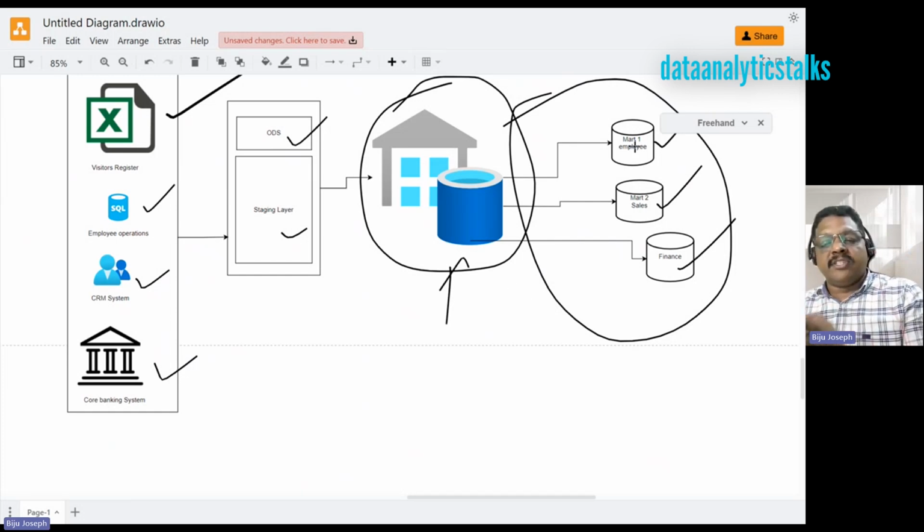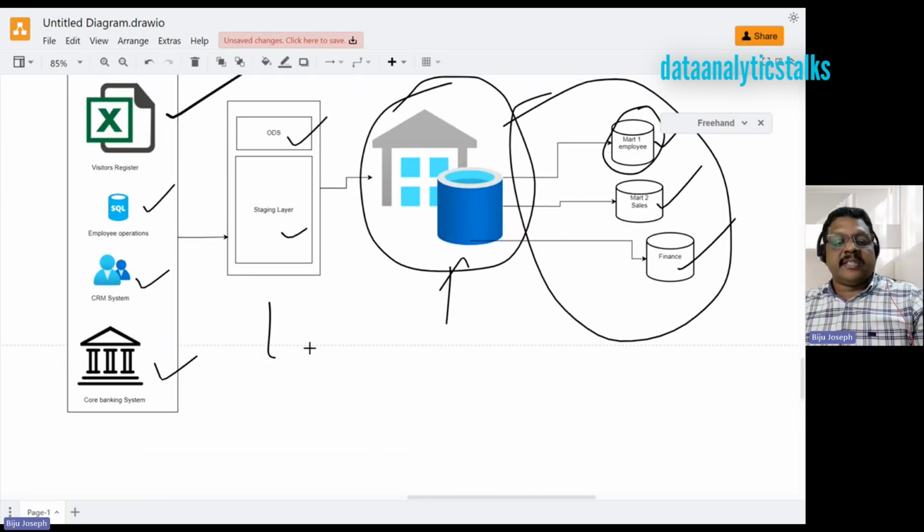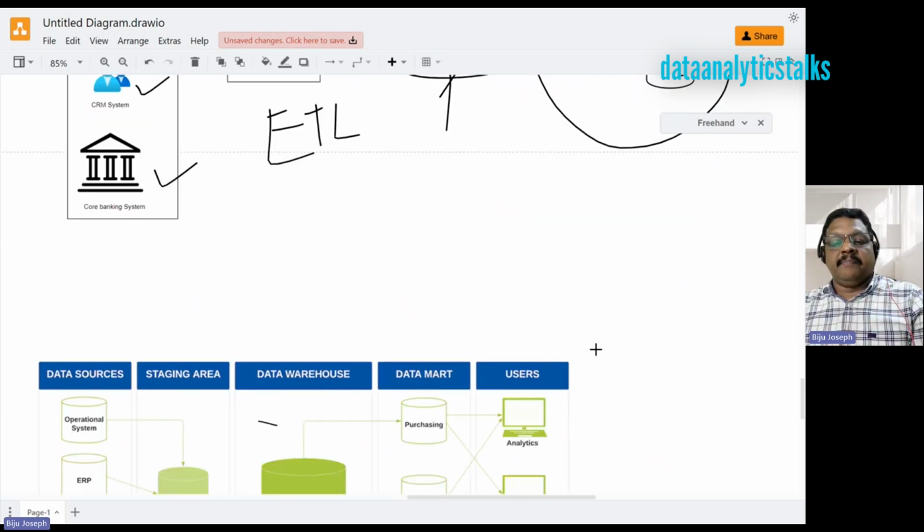Then you have to distribute to the focused business areas for their consumption. That's where the data warehouse comes in, and all of this can be managed by some ETL tool. And that ETL tool we are discussing is Informatica PowerCenter.